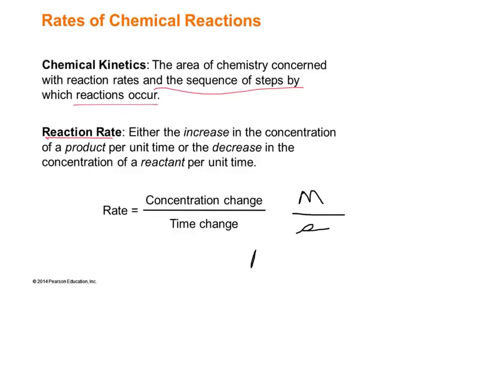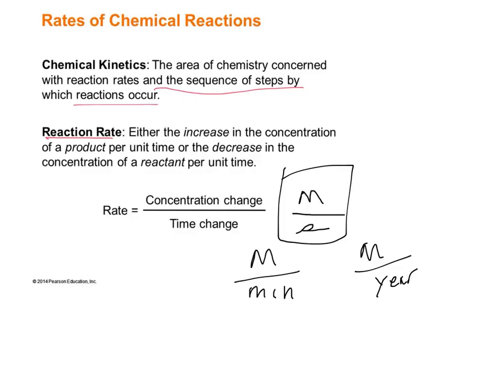So it's usually molarity per second or molarity per minute, or when we're dealing with some reactions, even molarity per year. But generally it's molarity per second. If you're confused by this, just think of, we do speed in miles per hour, right?